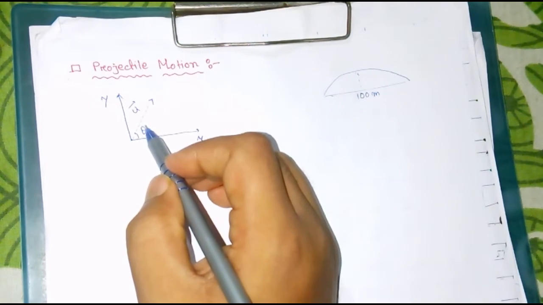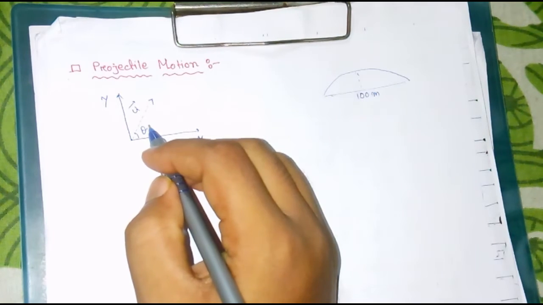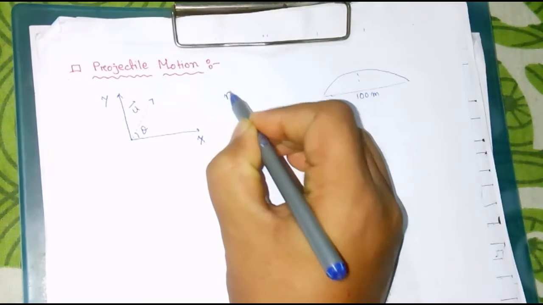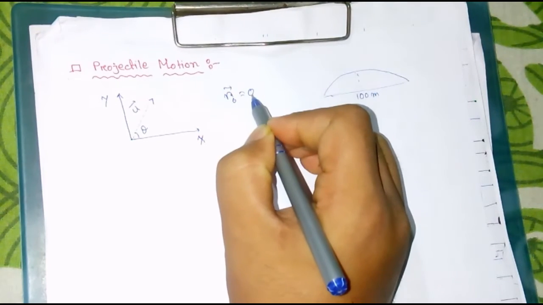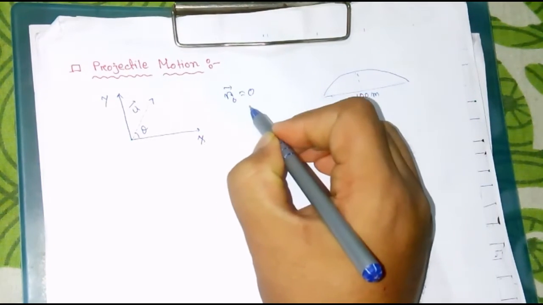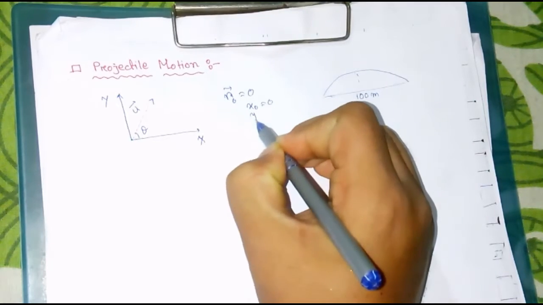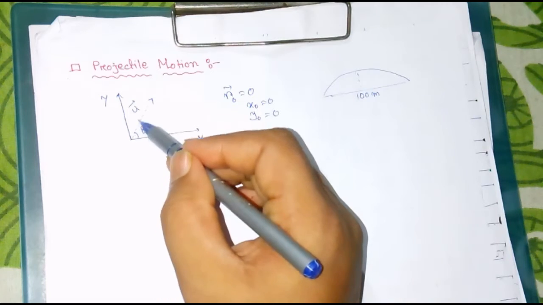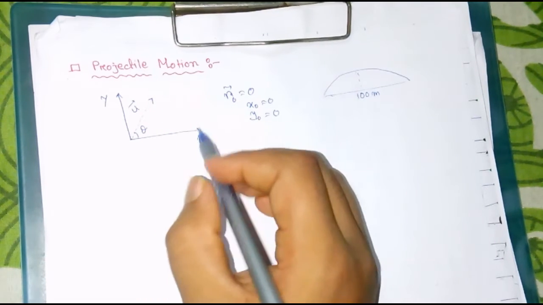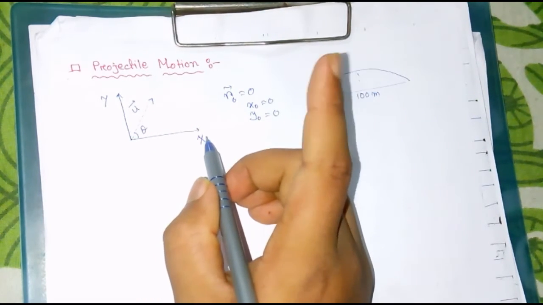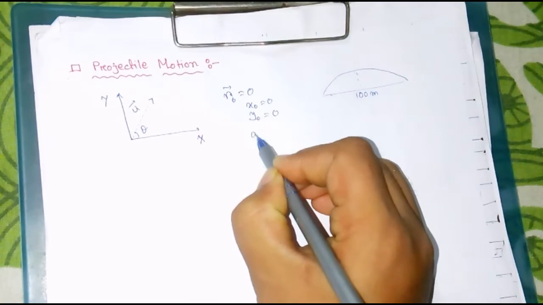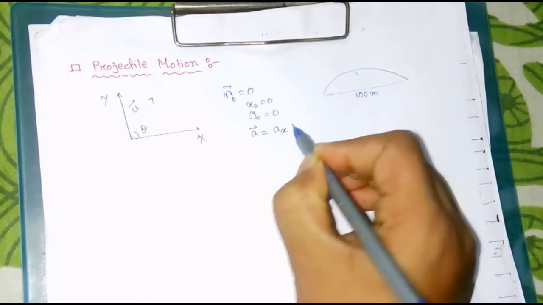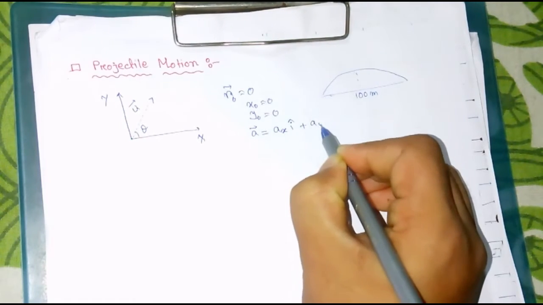Now what is r0? We can write r0 is 0 because it starts from the origin, right? So the x0 component is also 0 and the y0 component is also 0. Now if you throw an object into the air, definitely there is some acceleration due to gravity. Acceleration has two components, in x direction and in y direction.